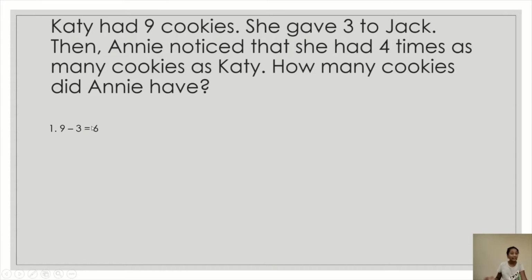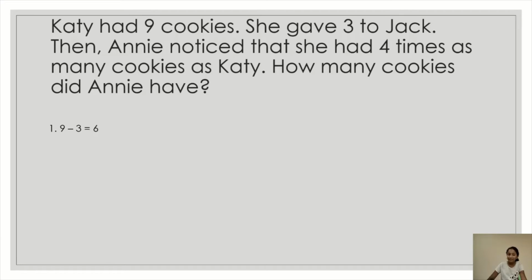So if Katie has 6, then how much does Annie have? Remember, Annie has 4 times as much as Katie. So that means, what would you need to do to find out the answer?